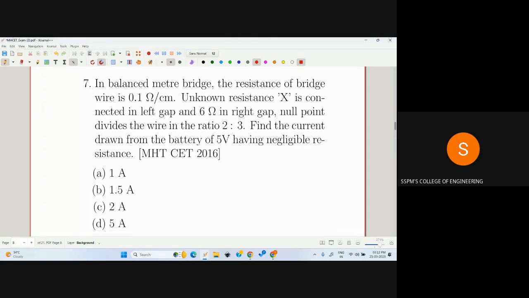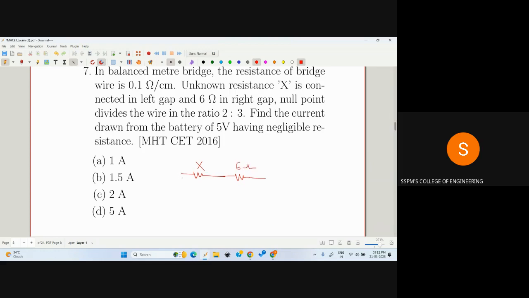So how can it be solved? On the left hand side, the unknown resistance X is connected, and the right hand gap is connected with 6 ohm resistance, across the wire of 1 meter or 100 centimeter length.